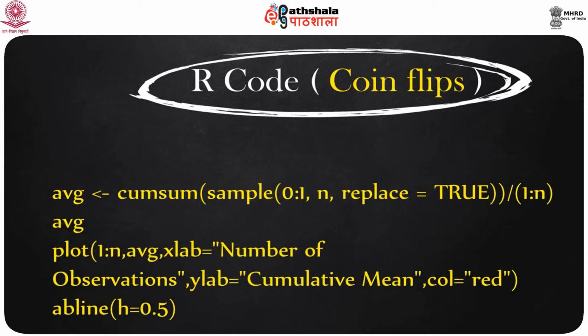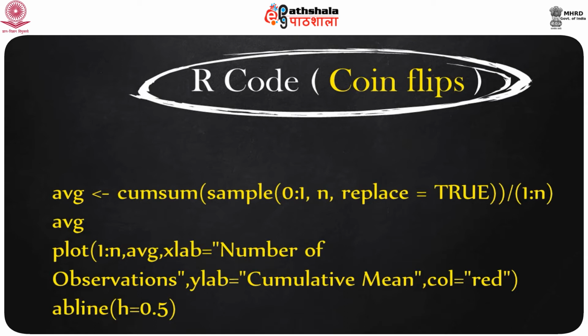Now, as we are flipping a coin again and again, here the head is denoted by 0 and the tail is 1 with equal probability, and since we are dealing with an unbiased coin, the probability of head is equal to the probability of tail.